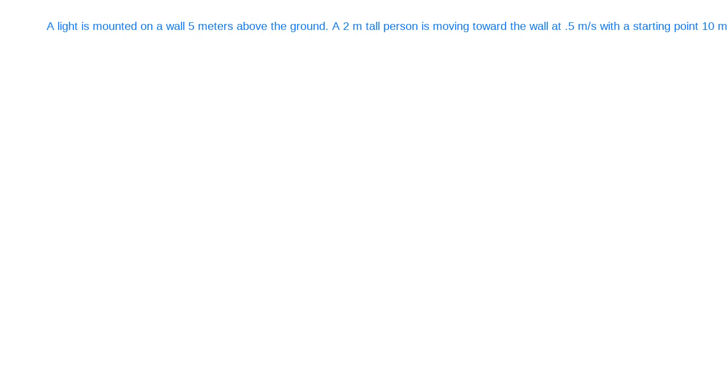All right, so now we have this one, and this time this setup is going to be a little interesting. First off, let's start with our diagram. We know that we're going to have a lamp 5 meters to the ground.